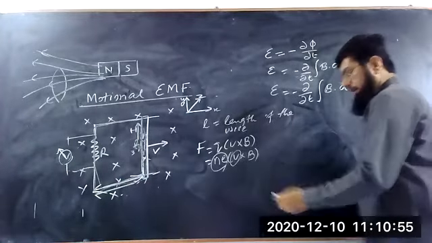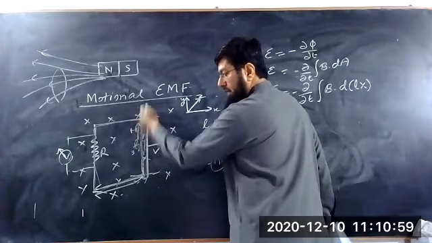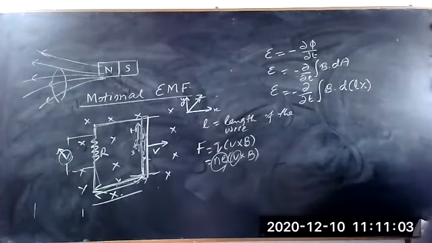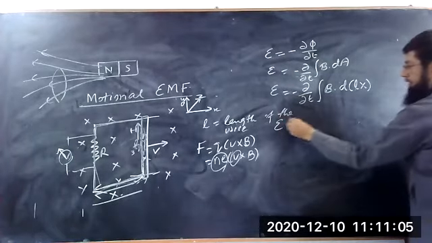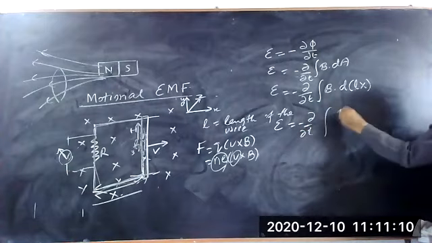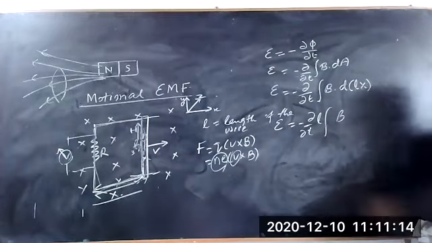Now if we move this wire in this direction, the length will remain the same. Only x will change with time. So here EMF E is equal to minus d over dt of B, and L is constant, so it can be taken out of the integral.